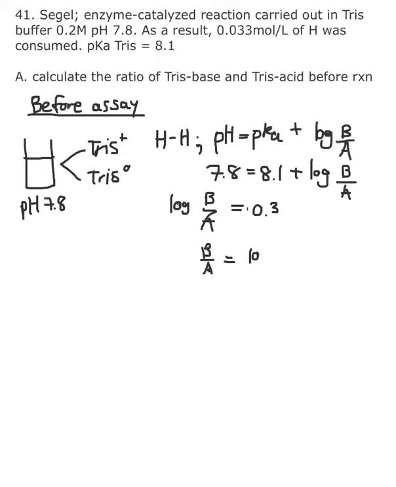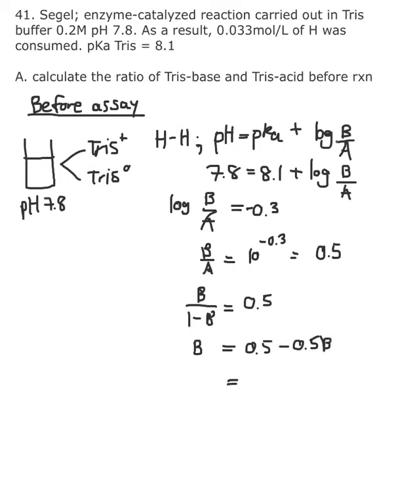Sorry, this is minus 0.3, and B over A equals 10 to the negative 0.3, and this equals 0.5. I would like to solve for B, so I will change A in terms of B. So it's 1 minus B instead of A. So equal 0.5 here. So B equals 0.5 minus 0.5 B.